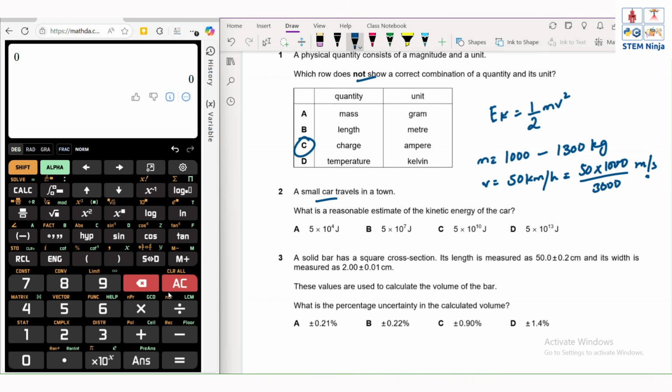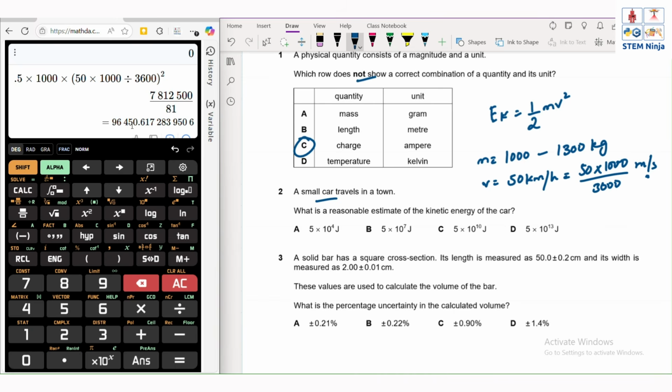So half times mass times 50 times 1000 divided by 3600, squared. All right, so we have about 100,000.